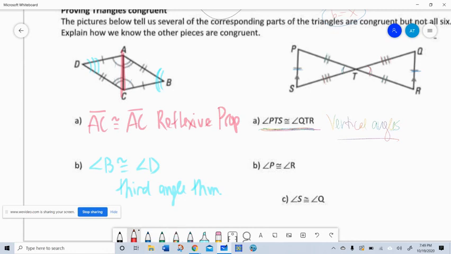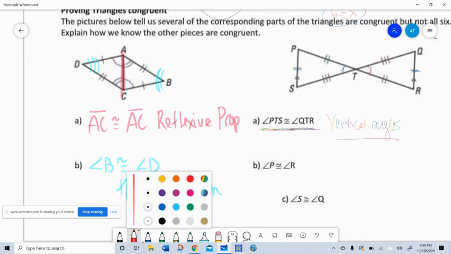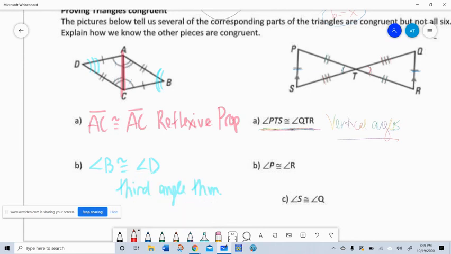That one's not super sneaky, but the next one is a little bit sneakier. So let's look. P and R. What does this little symbol right here mean? Well, that means that these two lines right here are parallel lines. And what is the significance of parallel lines?